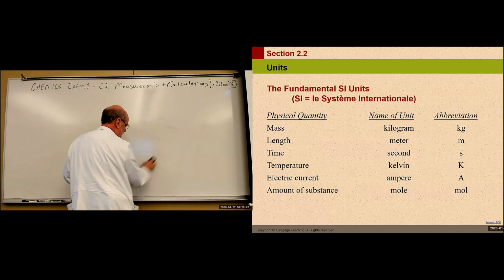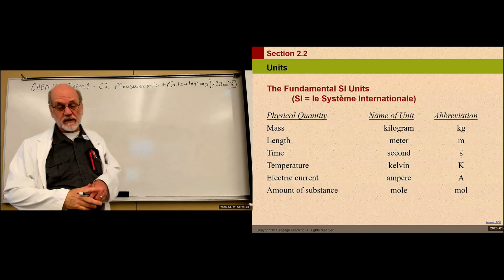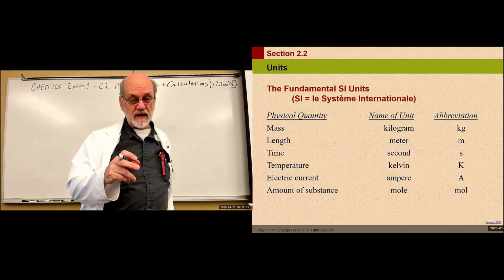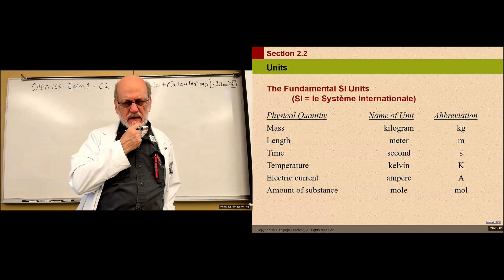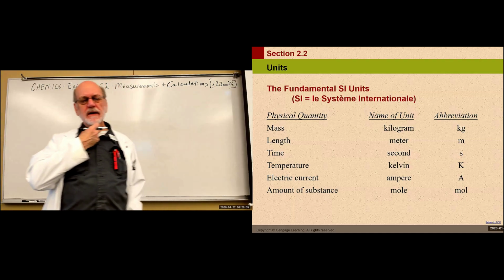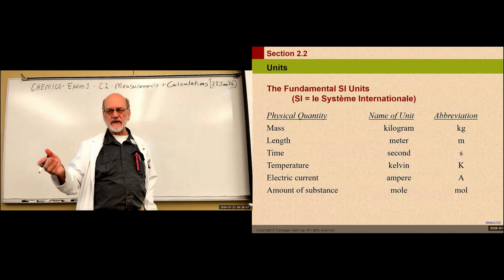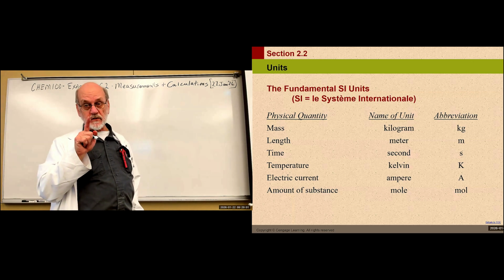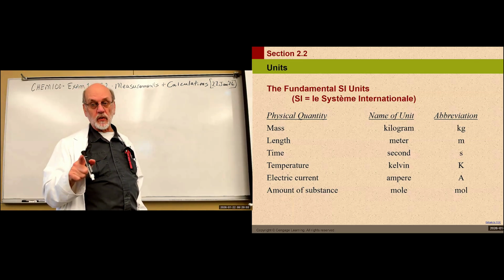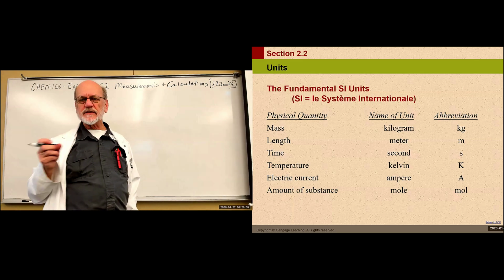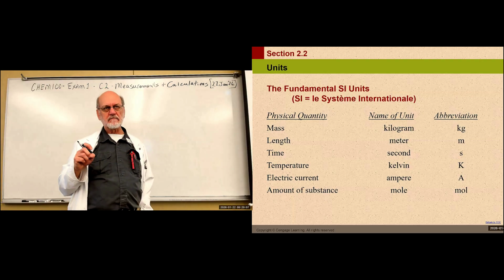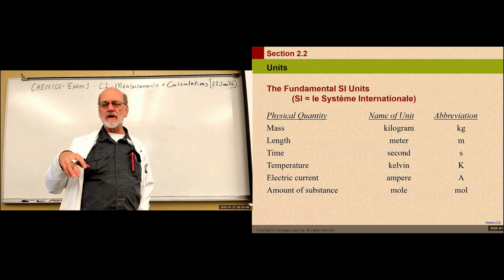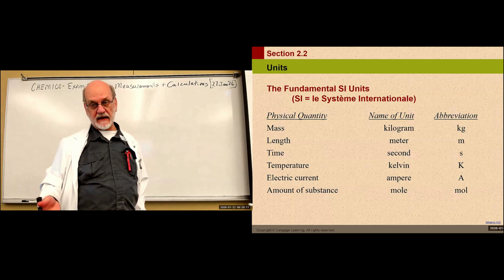All right. And then one I know we're not going to get to is, oh, wait a minute, it's not there. A measurement of luminosity, the candela. I didn't put that one in there. But we are going to introduce the concept of the mole later. The mole is a measurement of numbers of things.